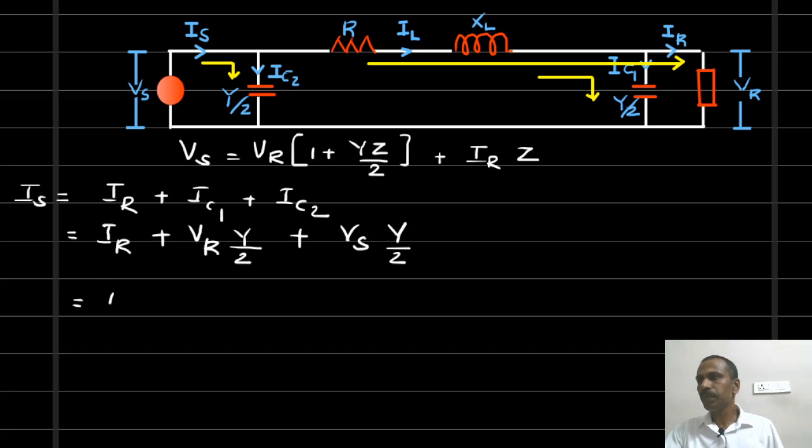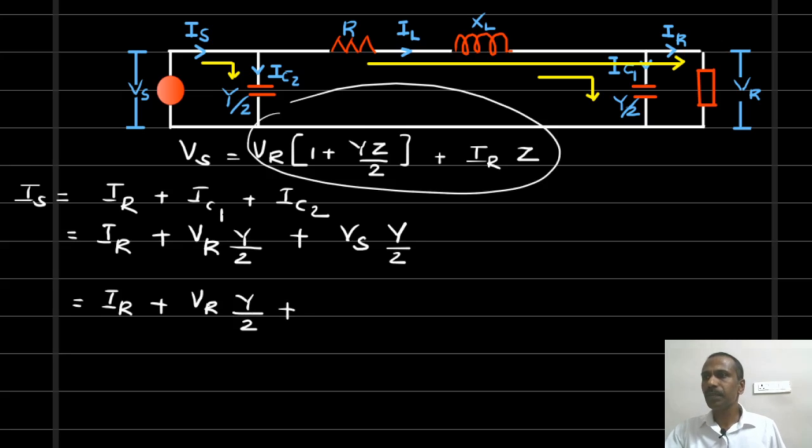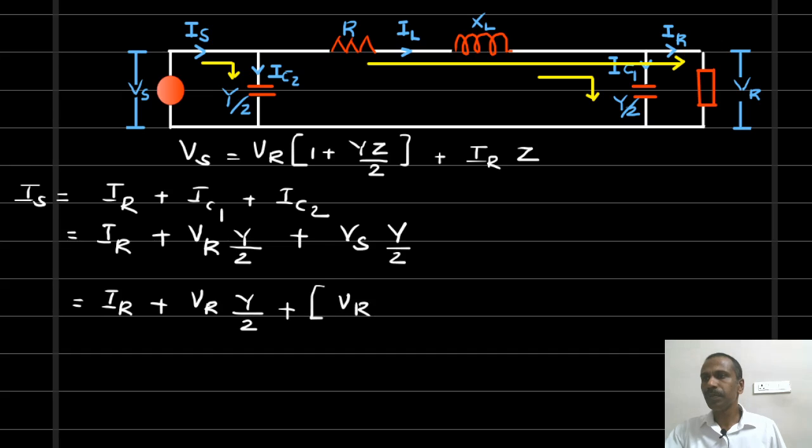So this is equal to IR plus VR into Y by 2 plus Vs, which can be written as VR into 1 plus YZ by 2 plus IR into Z, into Y by 2.